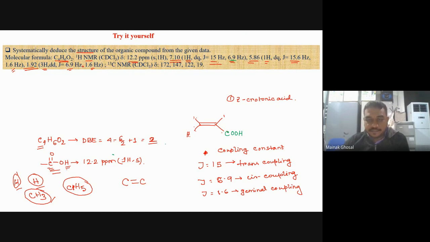How is it possible? And this three hydrogen doublet of doublet is cis to one and geminal to one. Since it is coupling geminal to a hydrogen, I am putting it like this up to now.